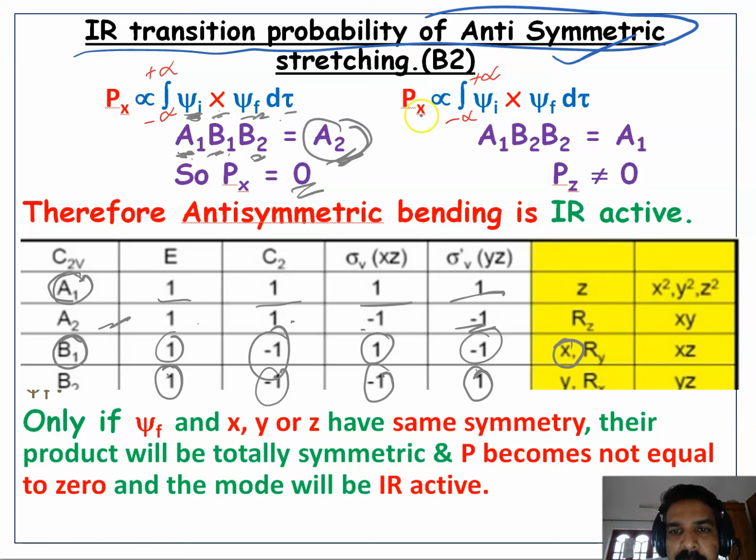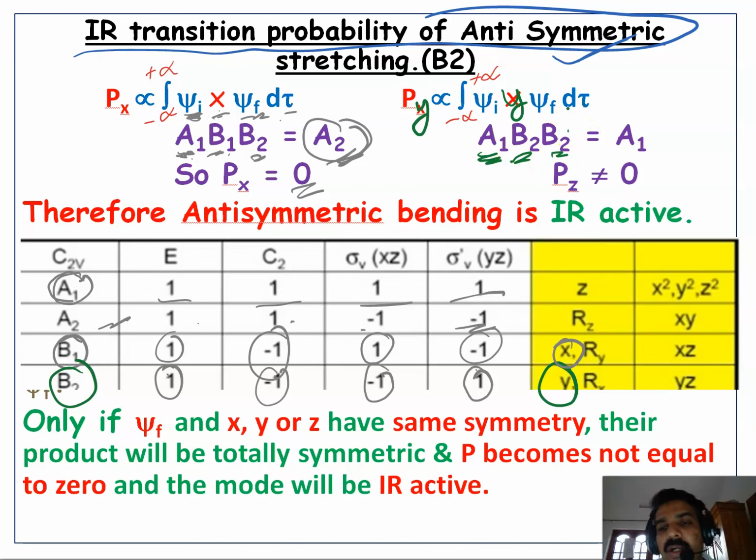Okay, and Py. It is proportional to the integral from minus infinity to plus infinity of psi I y into psi f d-tau. And psi I is equal to A1. Psi I is always A1 and y is equal to B2. Sorry, B2 into psi f, which is B2.